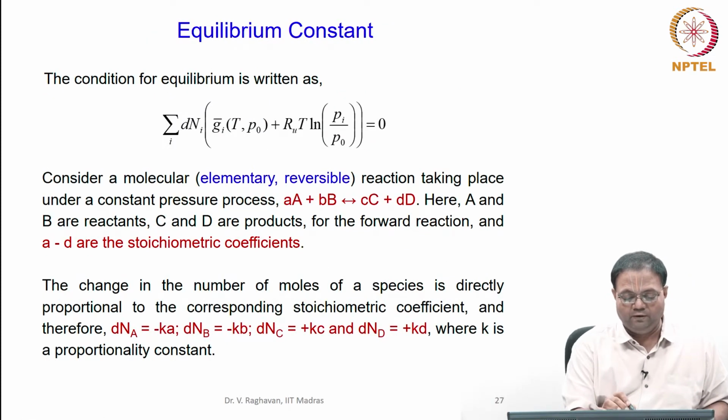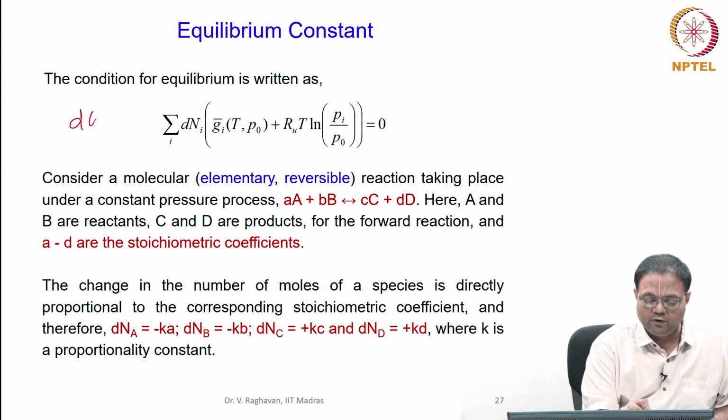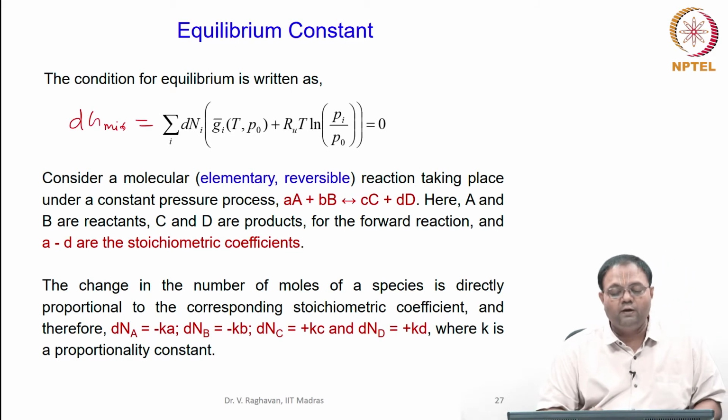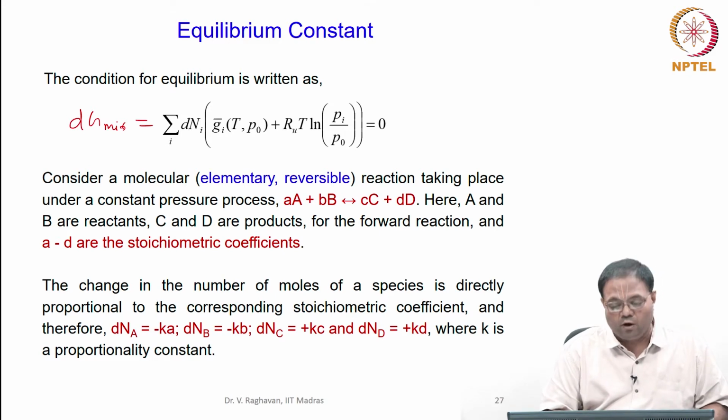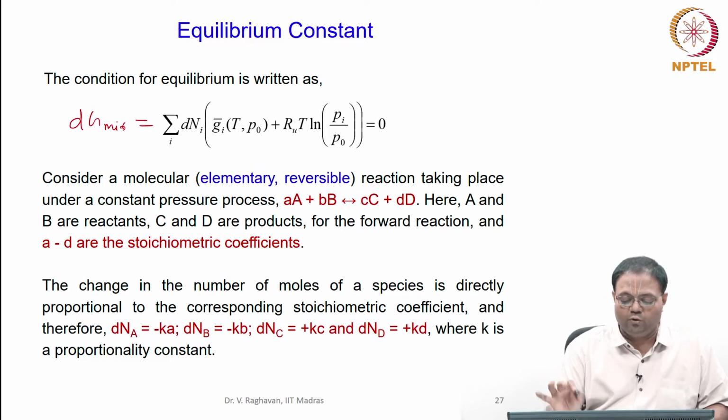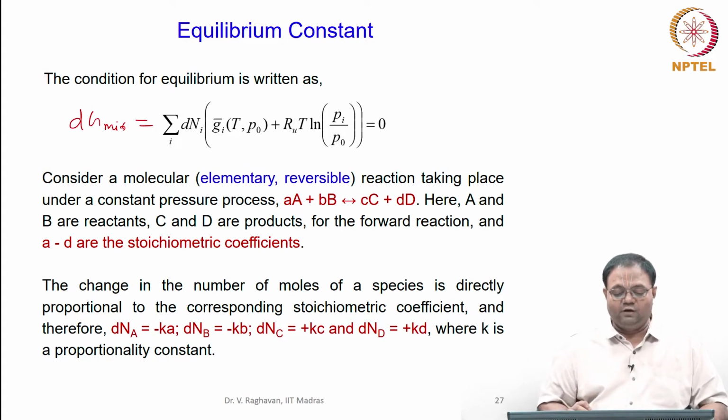So the condition for equilibrium is dG mix equal to sigma over i of dNi times Gi of T comma P naught plus RuT natural logarithm of Pi by P naught, and that should be equal to 0. That is the condition for equilibrium. Now this has to be implemented for any reaction.